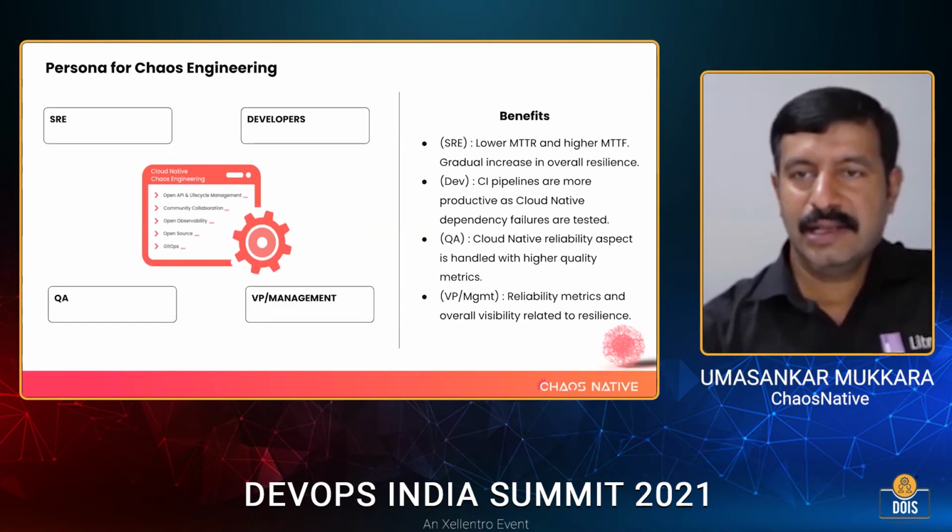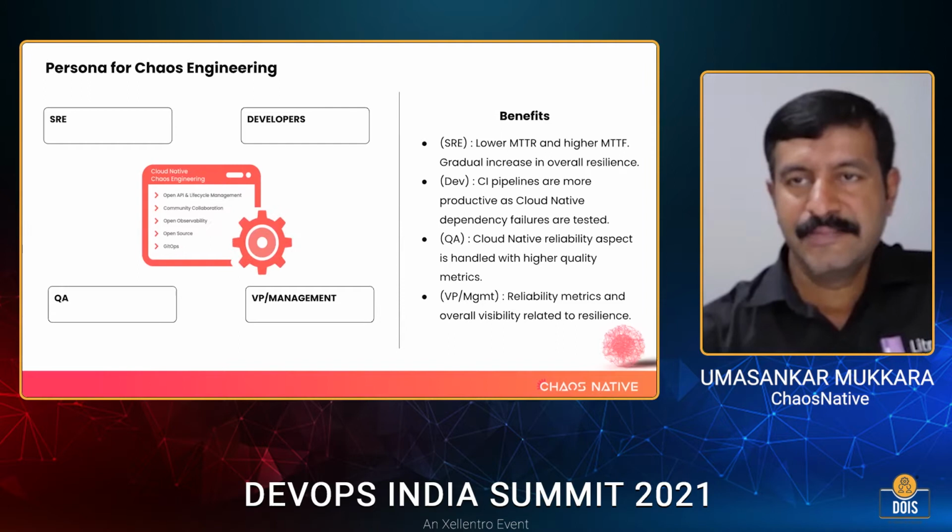But basically, in chaos-enabled DevOps, you are seeing all personas of DevOps, including the management, looking at chaos engineering as a way to handle reliability, right?